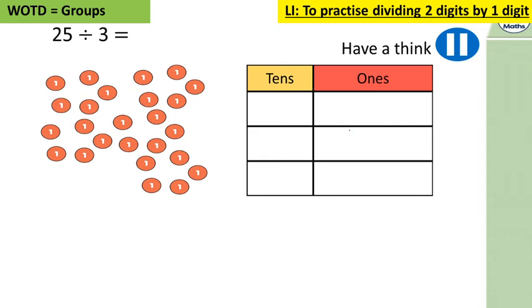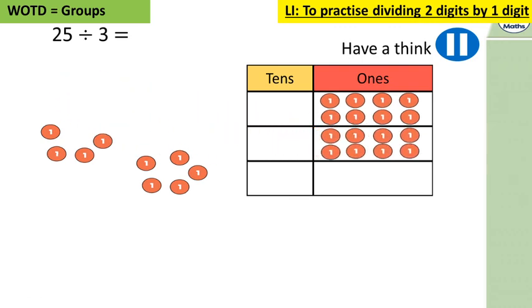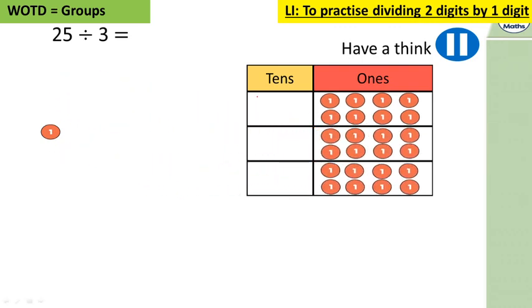So I know there's going to be 8 ones in each of these groups. I had 25 though, and I only used 24, which explains why there's this one left over. So 25 divided by 3 is going to be 8, because there's 8 in each row or group. Remainder 1.